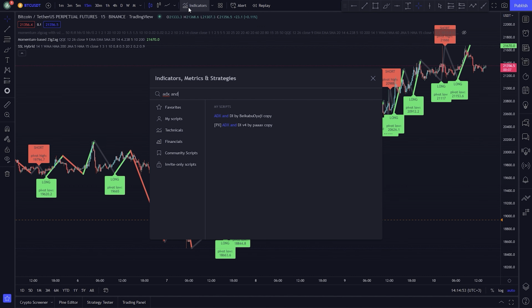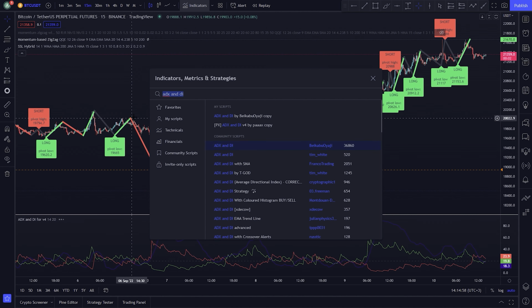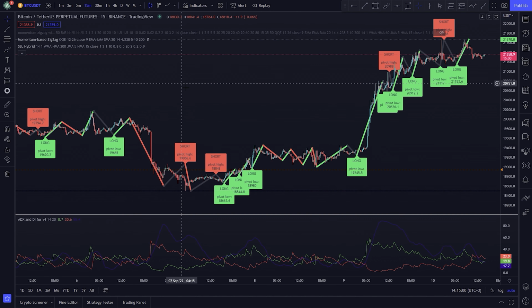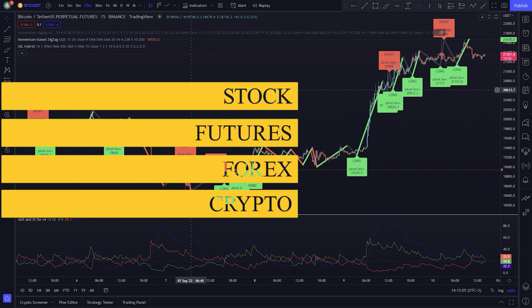ADX and DI. This strategy can be used in all types of markets: stocks, futures, forex, and crypto.